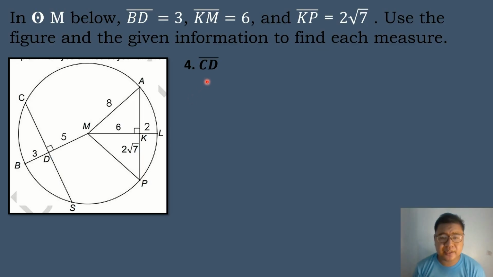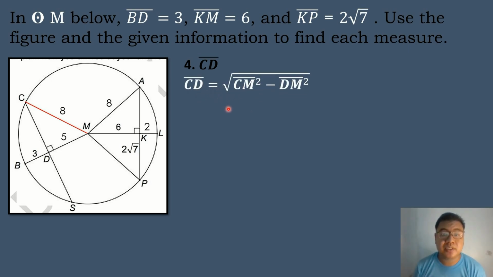So next one, let's compute for the measure of segment CD. To solve for the measure of segment CD, we will draw a radius here. We will connect point C and point M to form a radius. The measure of our radius is equal to 8, and we have formed here a right triangle. Again, we will use the Pythagorean theorem. Segment CD equals the square root of segment CM, which is the hypotenuse, raised to the second power, minus segment DM raised to the second power.